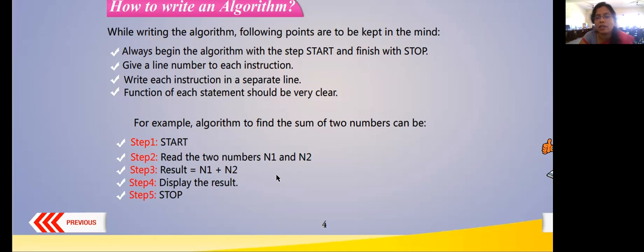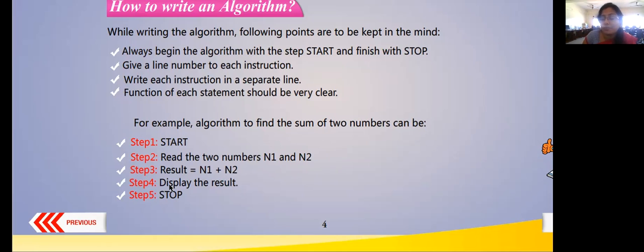If I just say 1 and 2 or 3 and 4, the computer will take only those numbers. When I give n1 and n2, I am just providing a space where I can write any number, keep changing the number, and the result will be done. So n1 is my first number and n2 is the second. The computer is supposed to add these two numbers and display the result. So read the two numbers n1 and n2, and result is equal to n1 plus n2.